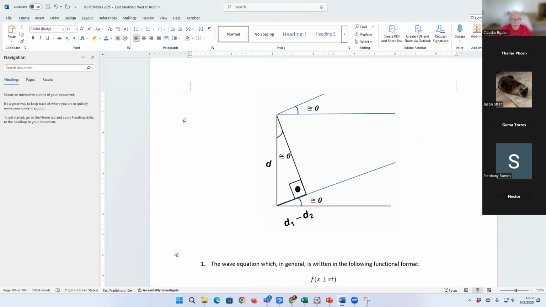Okay, so here you go. D1 minus D2 divided by D. Don't forget this is a right angle triangle. It is going to be sine of theta. Okay?